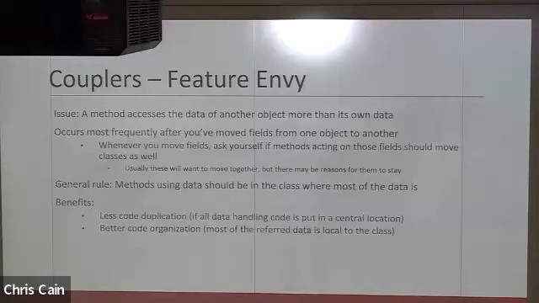So if you minimize that, then you have better code organization, meaning that most of the time, whatever is being referred to in those methods are local to that object. You can see within the state of that object what you're referring to without needing to refer to another object. So we call that feature envy.